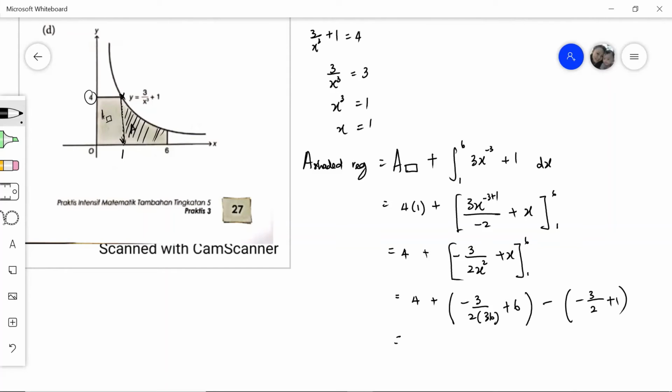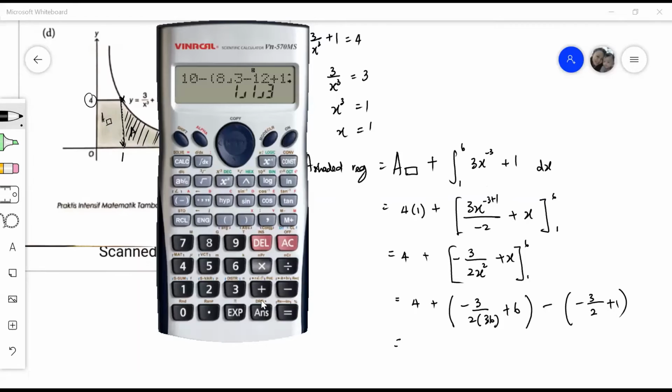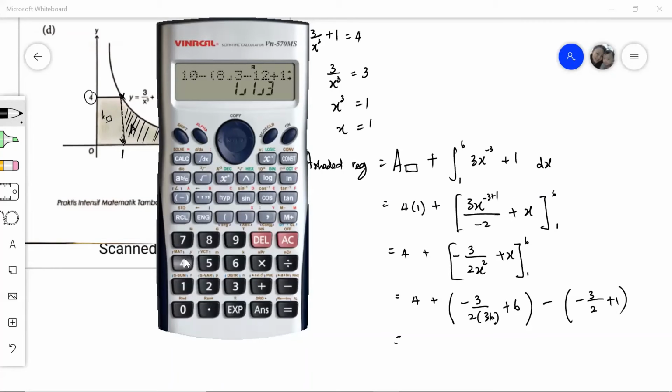Let's use the calculator to get the answer. So we have 4 plus bracket, negative 3 over 2 times 36, so that is 72, and then plus 6. Close bracket.